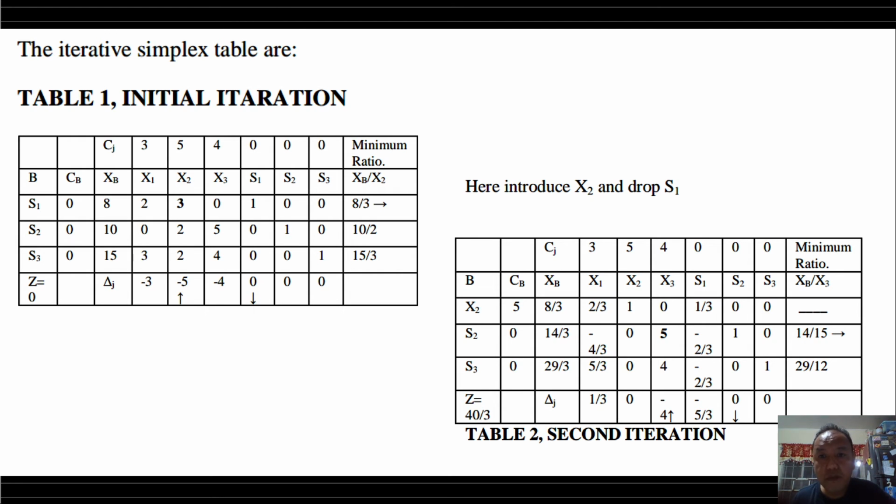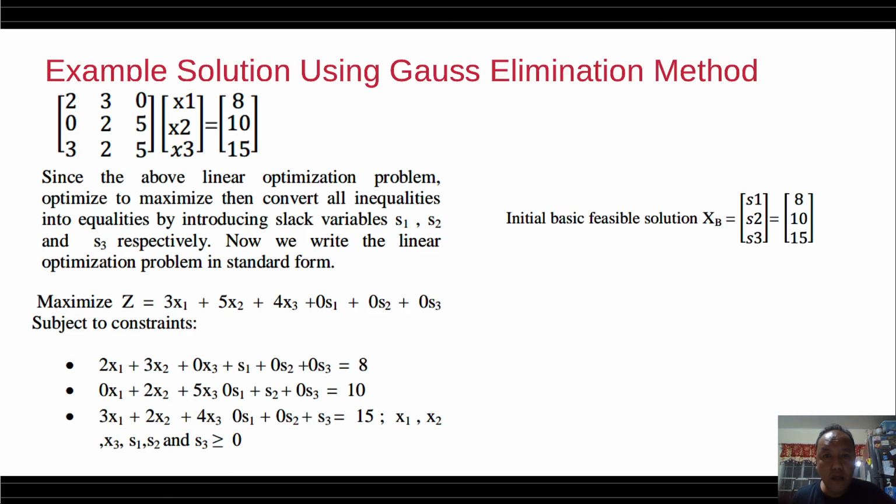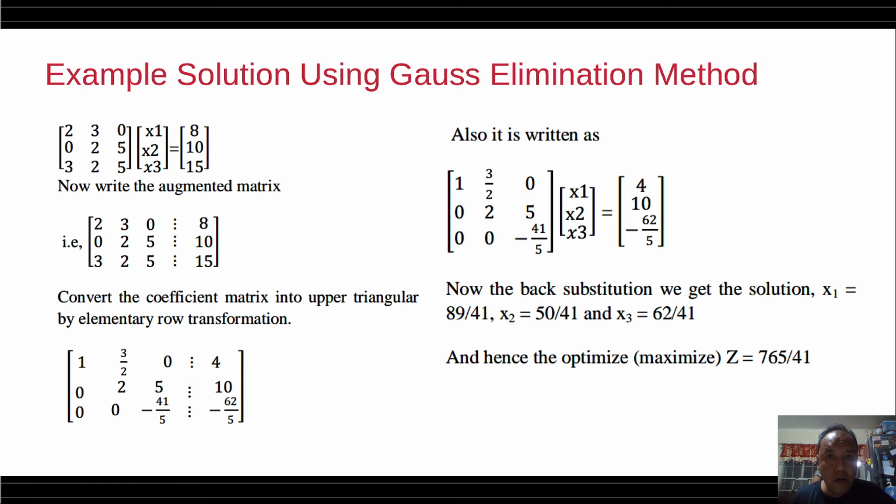I don't know what the simplex method is, but they use the X2 first. With this, you could see on the lower right portion of the screen the solution. X1 is 89/41, X2 is 62/41, and X3 is 50/41. Comparing with our Gauss elimination method, the answers are exactly the same.